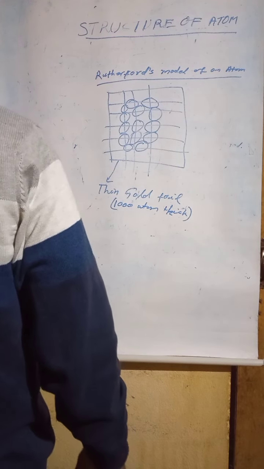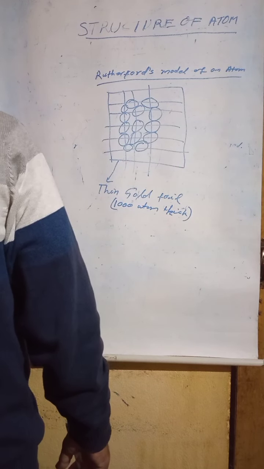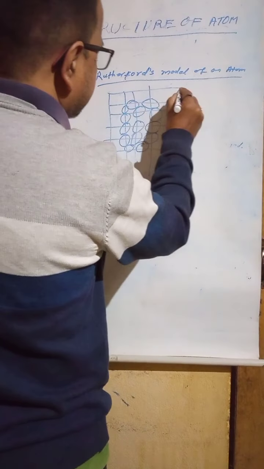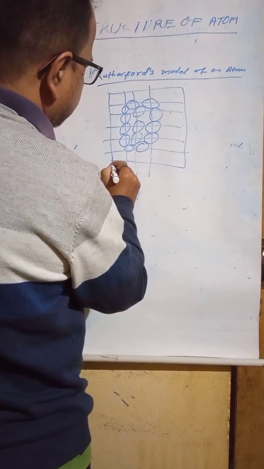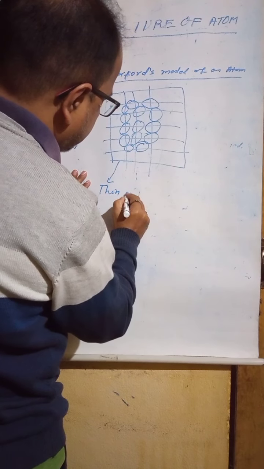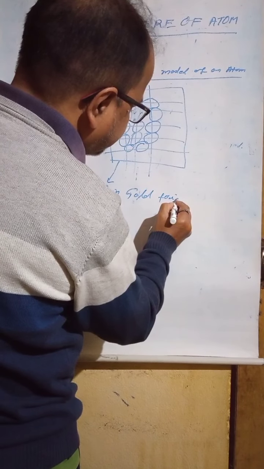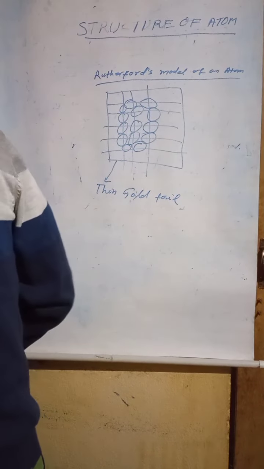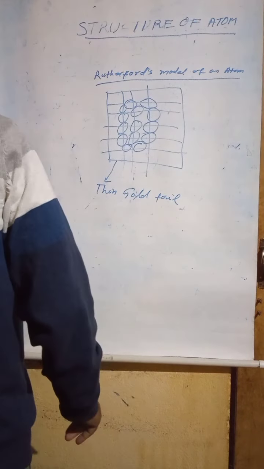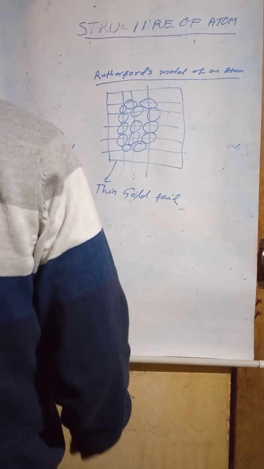Alpha particles are doubly charged helium ions since they have a mass of 4u. He used a thin gold foil. The gold foil was about 1000 atoms thick.